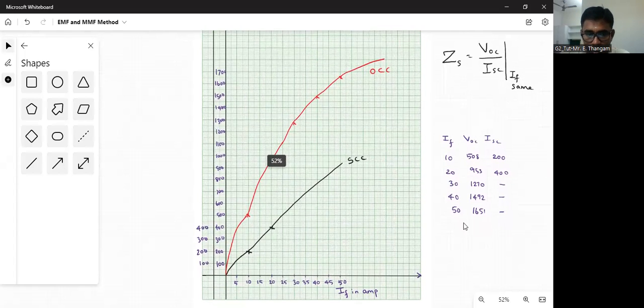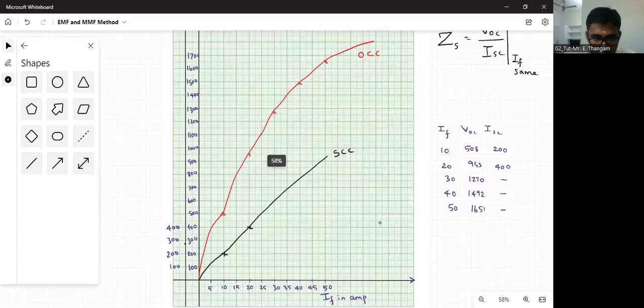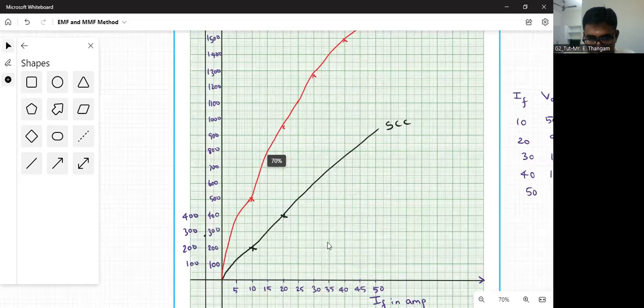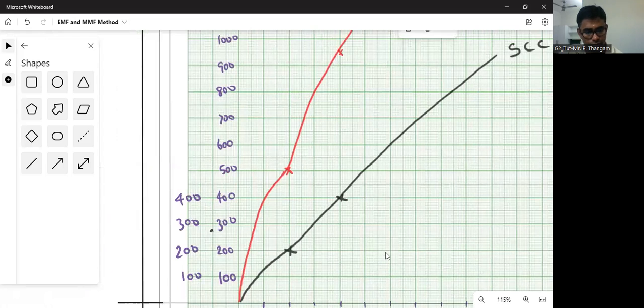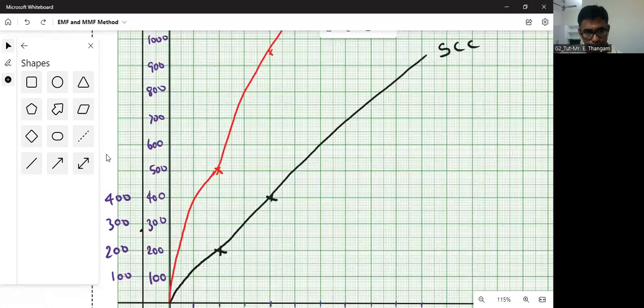You see here, what we should do is first, the armature current we have got here is 288, so we will get a point here. This is your 288 point. I will just zoom it out. You see here, this is 200, 250, 300.